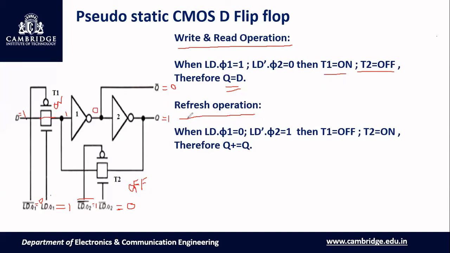That's it. Understood? Here I am trying to write logic 1 that is stored, and again it is read. I get to know what data is stored in this memory. That is why I have written write and read operation together.